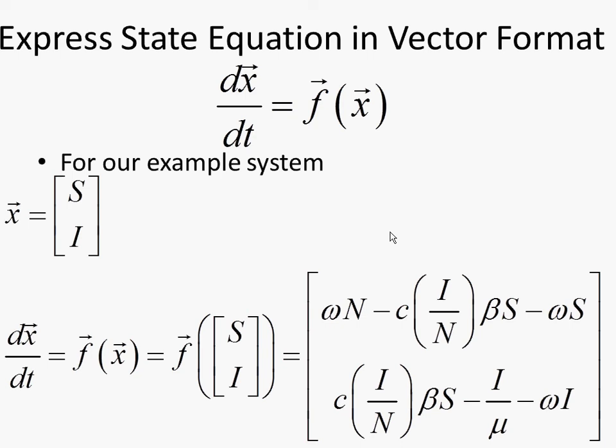And then what we're going to have is dx/dt, that's a vector of S dot and I dot in the lower component, equals some vector function of this thing here. And this is the vector function. These are just the formulas that were on the right-hand side. This was the formula on the right-hand side for S dot. You remember that? S dot.